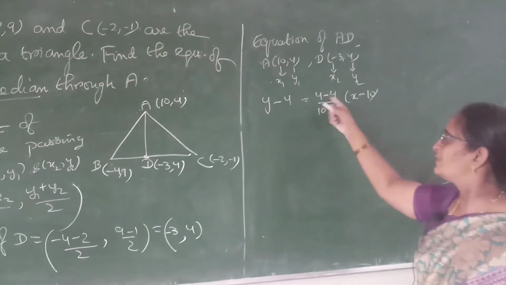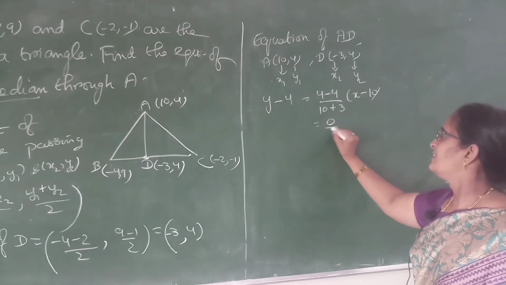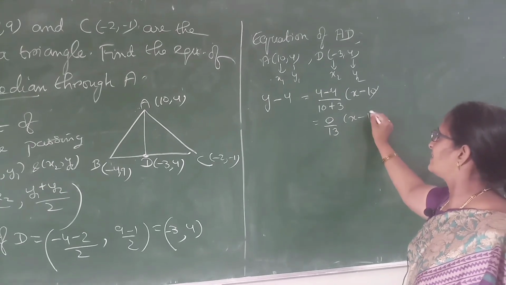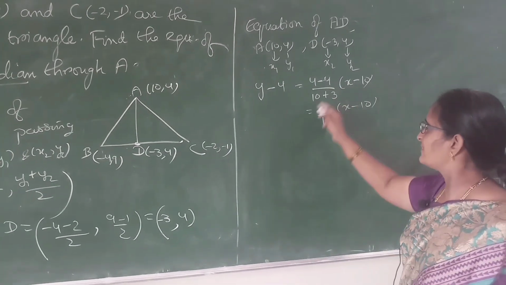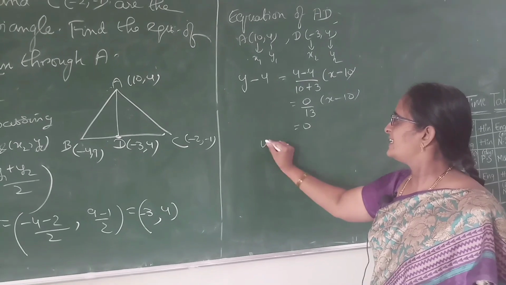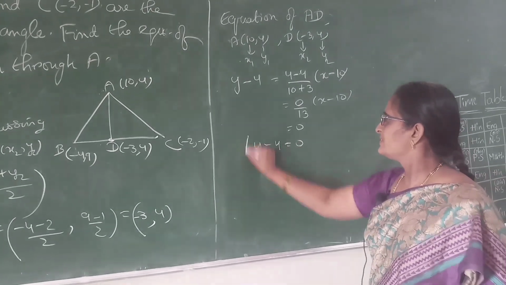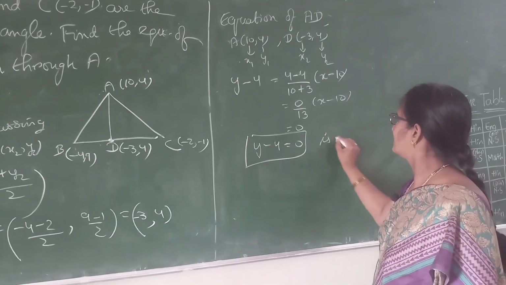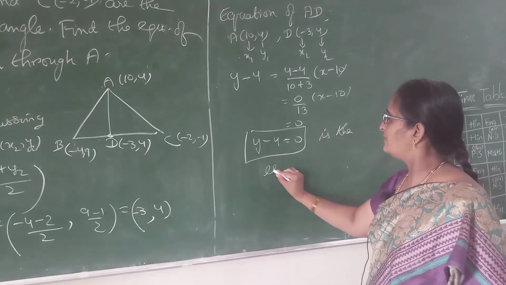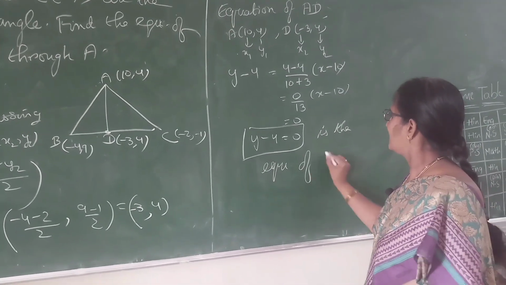You can see 4 minus 4 is 0, so 0 by 13 into x minus 10 will be 0 only. That is y minus 4 equal to 0 is the equation of AD.